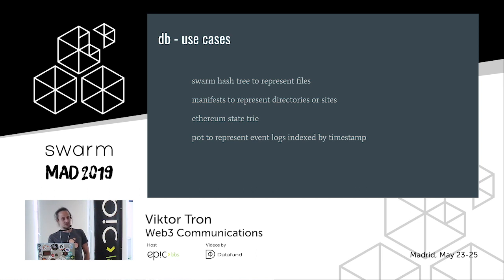The same happens on an even higher level when you organize files into directories or collections. This is how we do virtual hosting as well. So basically, this is how you represent websites on Swarm. Manifests are also this kind of data structure that you traverse according to certain rules, how you interpret chunks and how you want to traverse them.